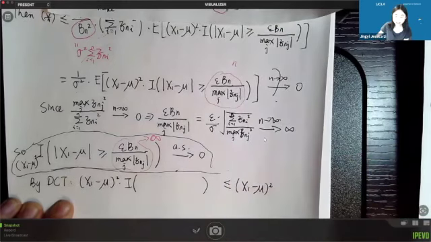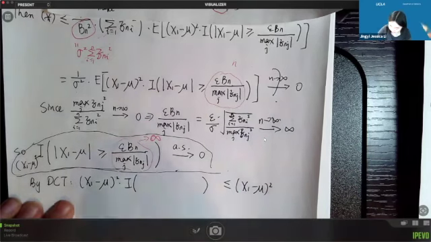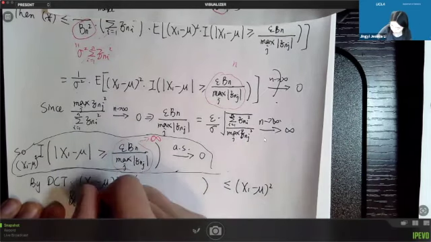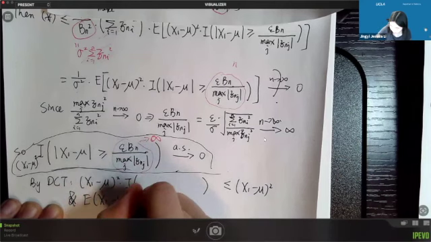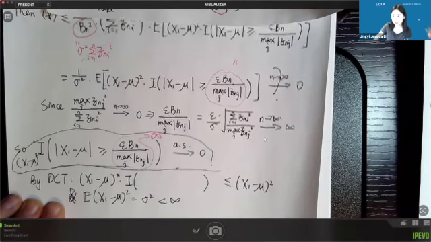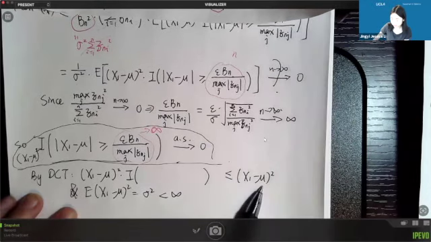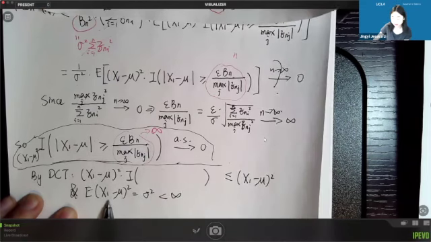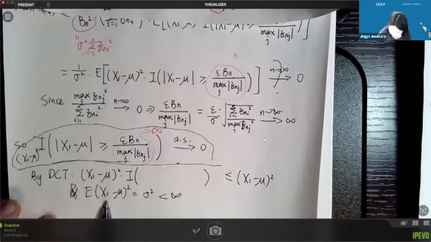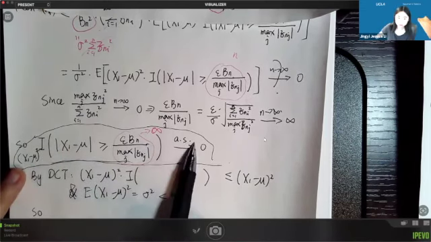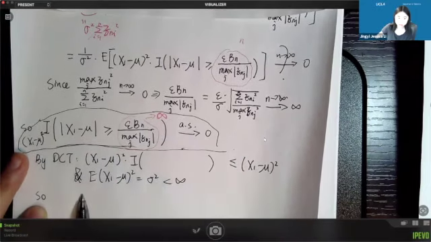And by our condition, we know that this right-hand side, x1 minus mu squared, is equal to sigma squared, and it's finite. So we find a random variable that dominates it, and the random variable itself has finite expectation. Therefore, we can go from almost sure convergence to convergence in expectation.